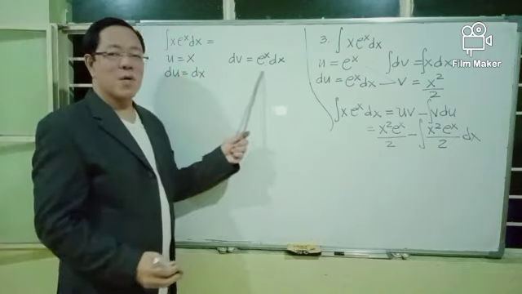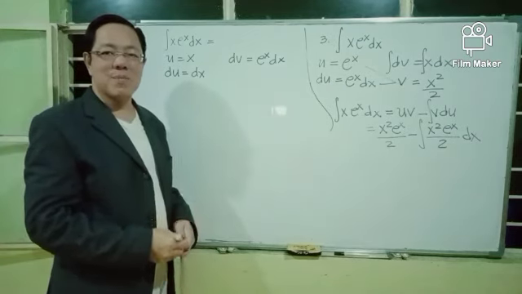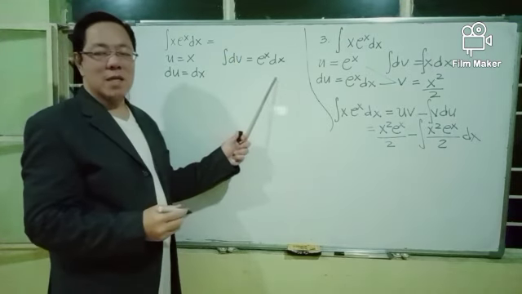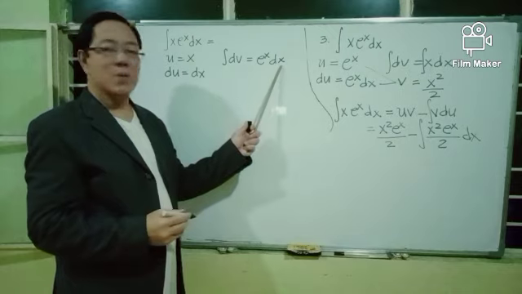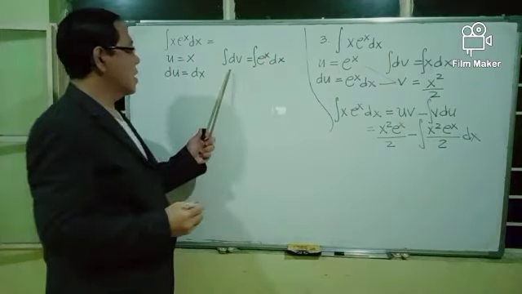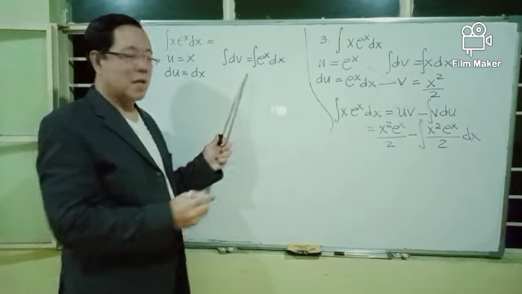And for this equation, we integrate both sides. We integrate the left-hand side with respect to v, and we integrate the right-hand side with respect to x. The integral of dv is v.